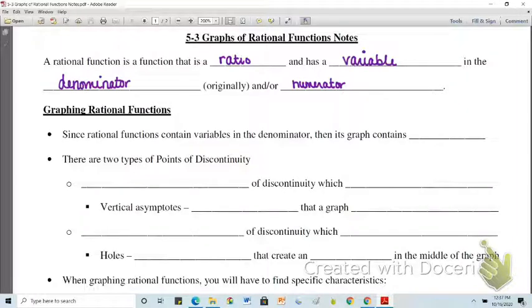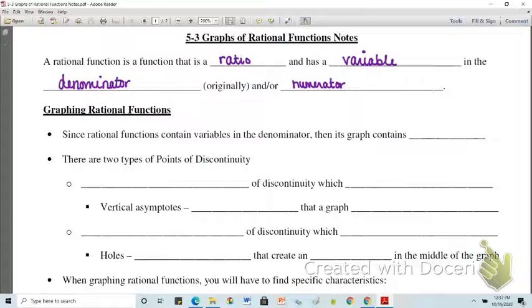So to graph rational functions, we need to talk about points of discontinuity. Up until this point, all the graphs we have done have been continuous graphs. That means I could draw the graph without lifting my pencil.